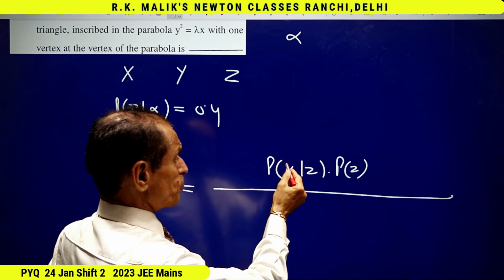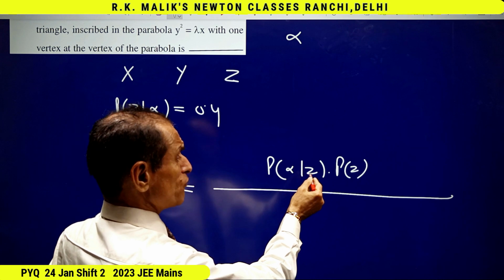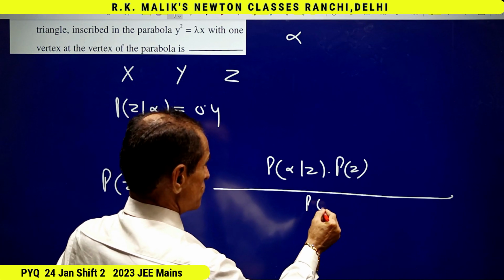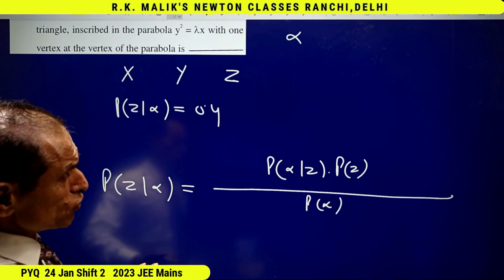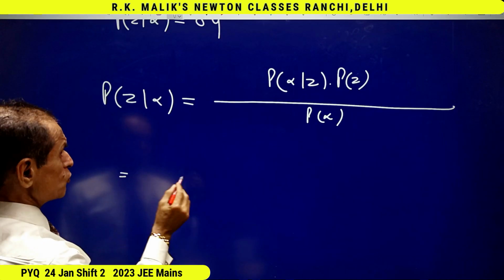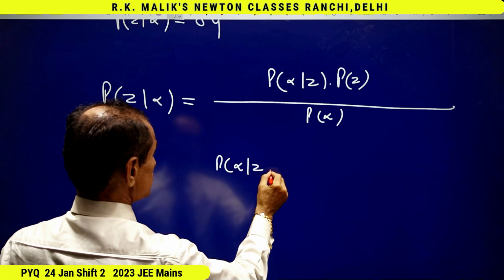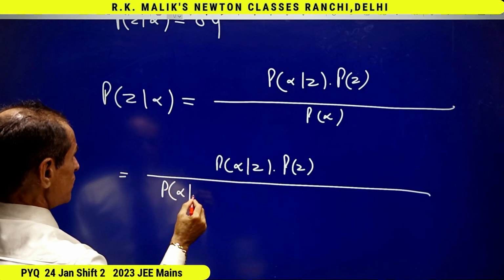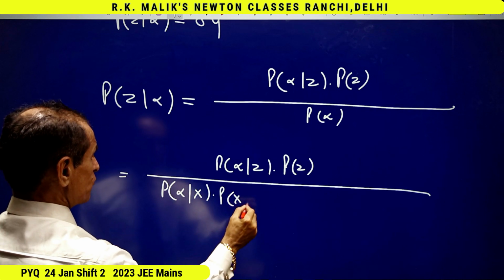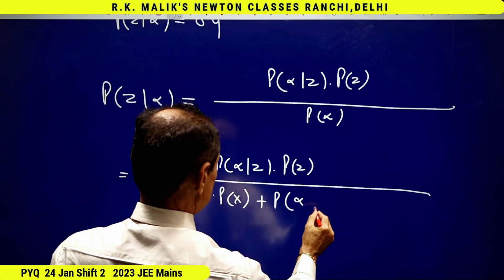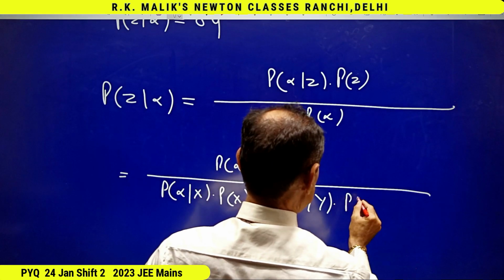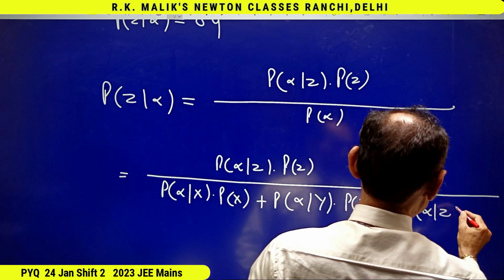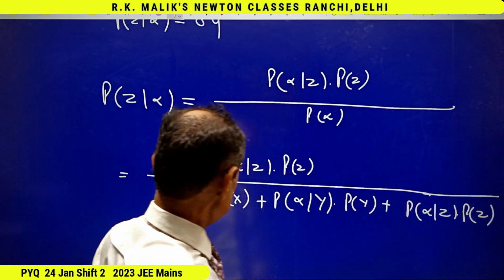This symbol means the probability that the selected ball will be red when we know that we had selected the urn C. And we know that using total probability theorem, P alpha is equal to probability of alpha when X has already happened into probability of X, plus probability of alpha when Y has already happened into probability of Y, plus probability of alpha when Z has already happened into probability of Z.